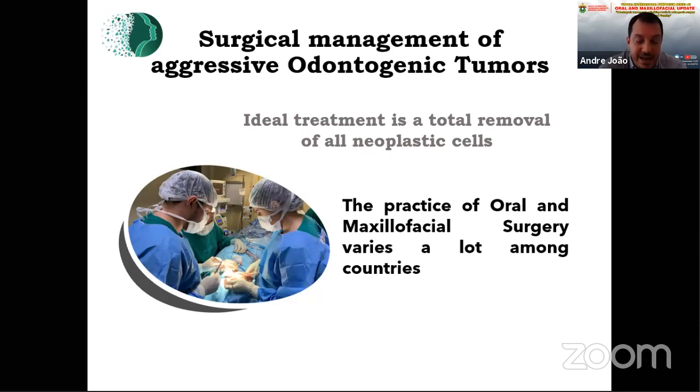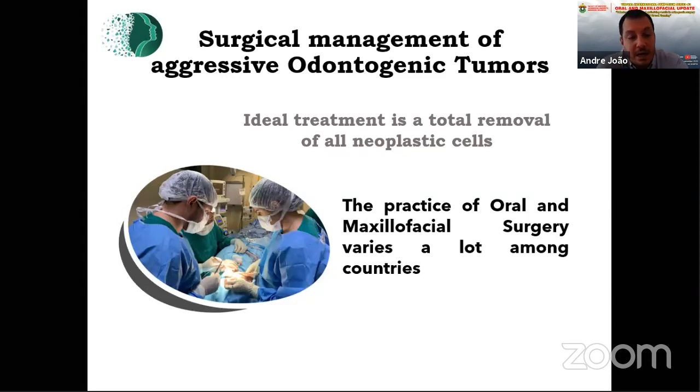in almost every country. I don't know how it is in Indonesia, but you can see, for instance, in Brazil, it is a dental specialty. In some European countries like Portugal, I think France, it's a medical specialty.